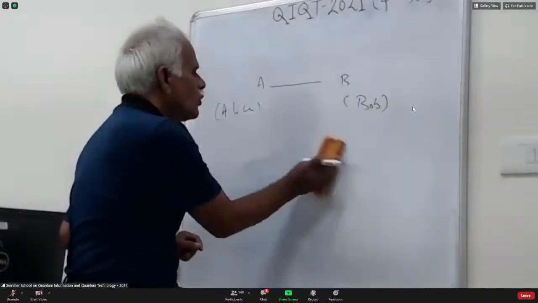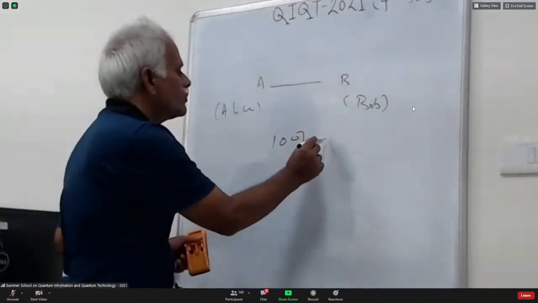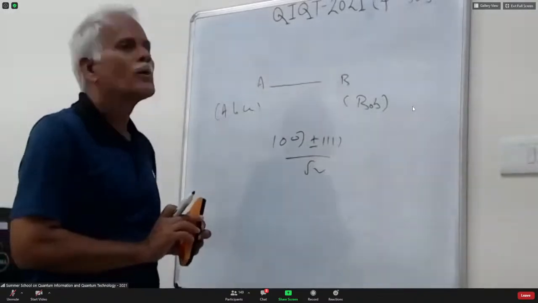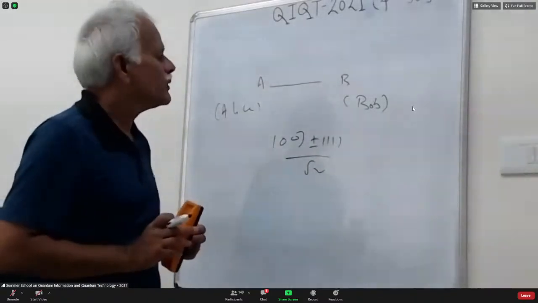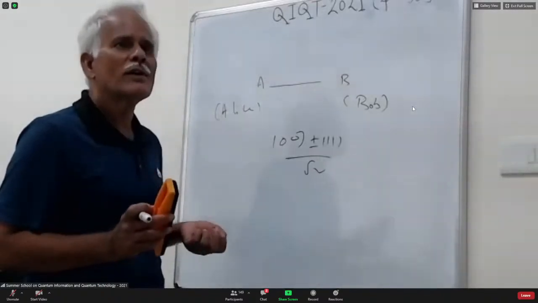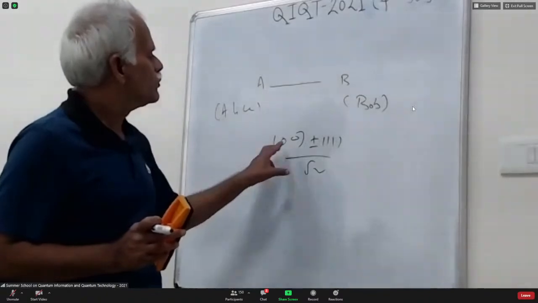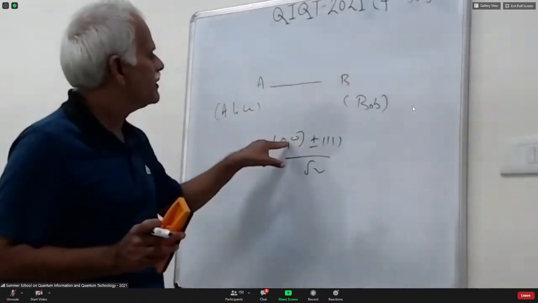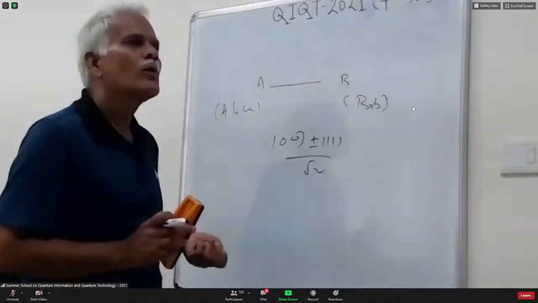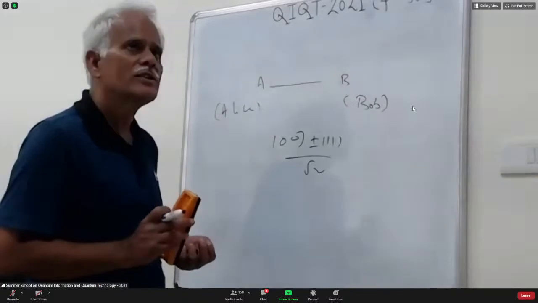But these other two, 0 0 plus minus 1 1 by root 2, are difficult to produce. Why? Because in nature you usually encounter symmetry, like spherical symmetry, because of which, if one electron is pointing up, the other is pointing down, and the azimuthal quantum number m_z is 0.